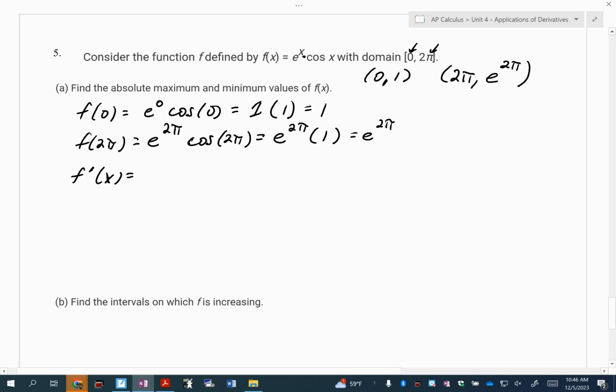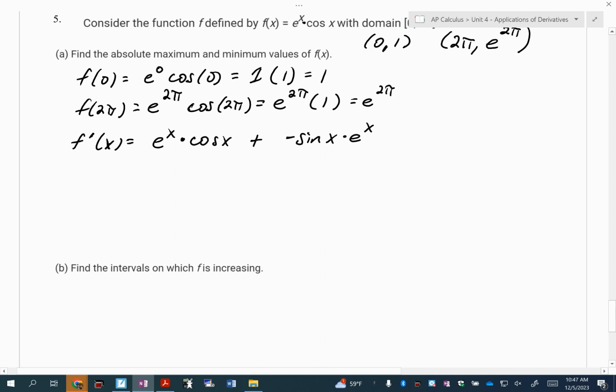The derivative of e to the x is just e to the x times the original second function, cosine of x, plus the derivative of cosine, which is negative sine of x, times the original first, which is e to the power of x. If you'd like to factor out the e to the power of x, you can, because they share it. That gives you e to the x times the cosine of x minus the sine of x.